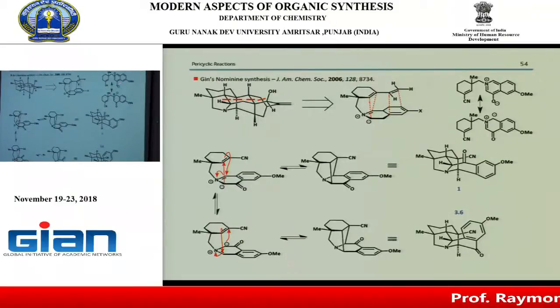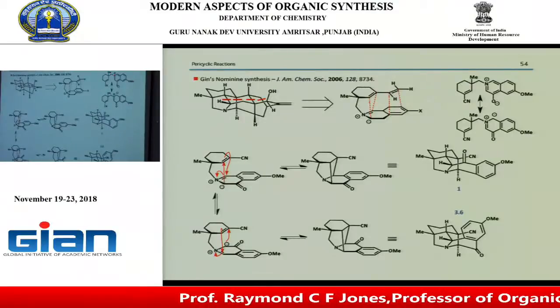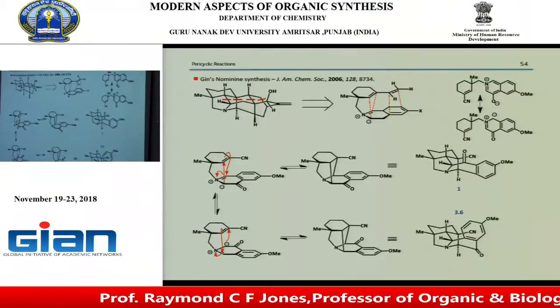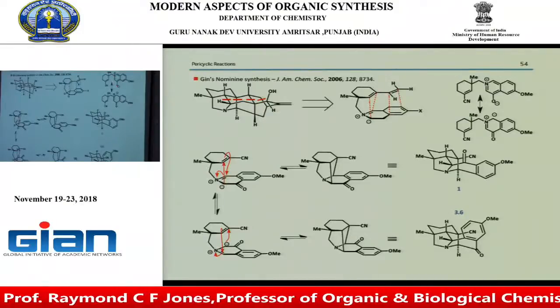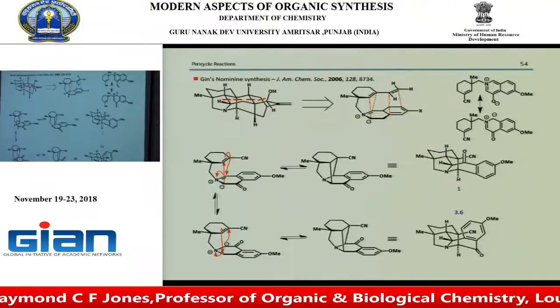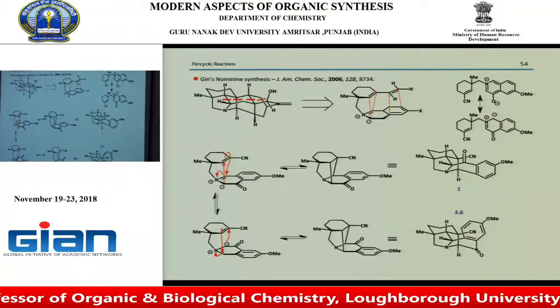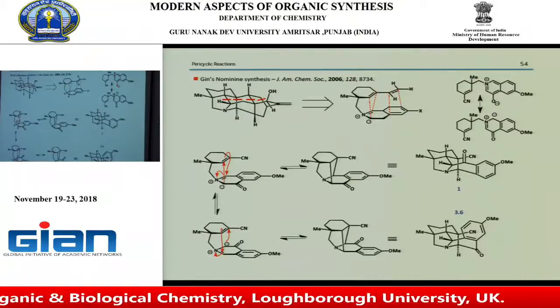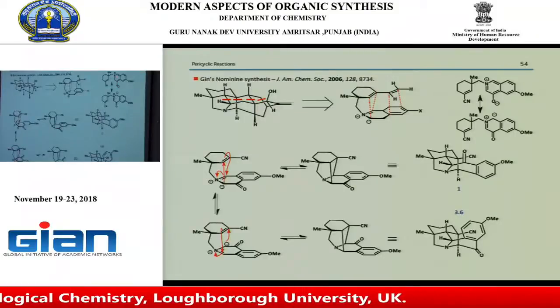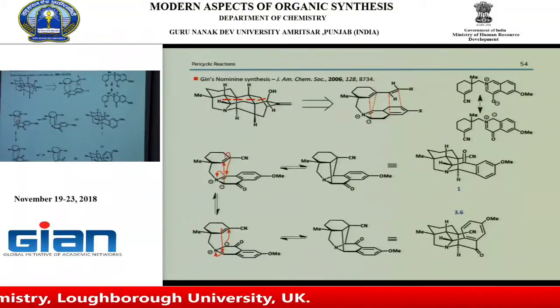And what was done here was to make this sort of isoquinoline structure, but with a substituent on the nitrogen that is positively charged. Then if you've got this oxygen here, that will deprotonate to form an overall uncharged, neutral, plus-minus species.